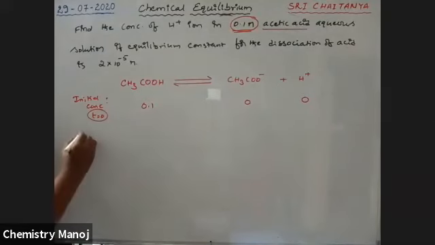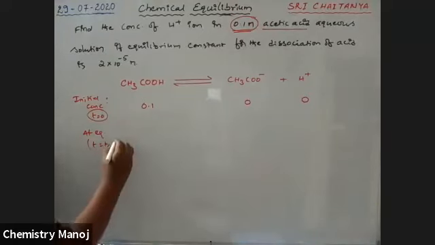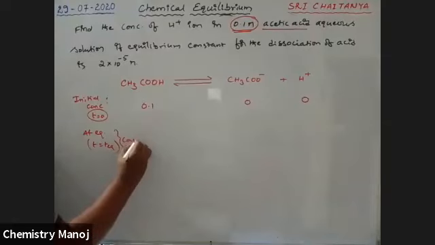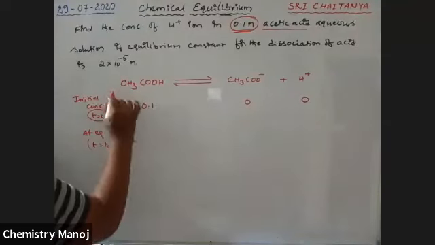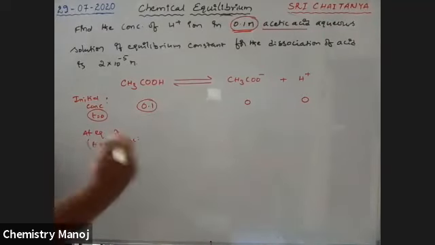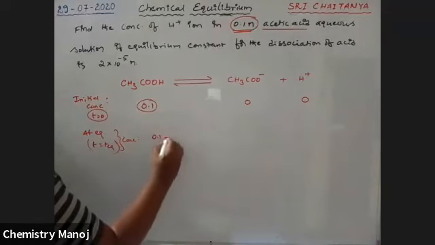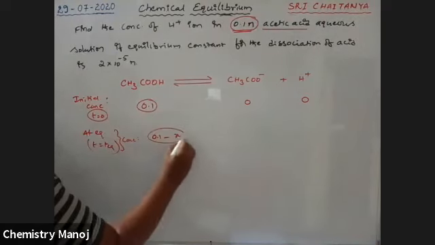Now at equilibrium, that means the time is taken as at equilibrium. So the concentration is something from 0.1, x is dissociated, or alpha is dissociated. Therefore, how much is the remaining? 0.1 minus x is there.